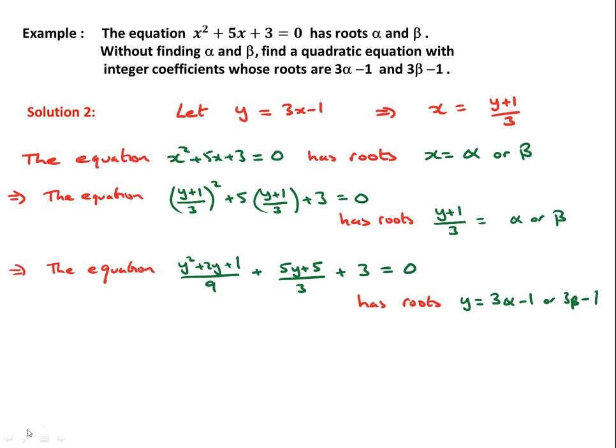Now the equation that we've got there is rather messy at the moment, but it can be tidied up by multiplying through by 9. If I multiply through by 9, I'm going to get y squared plus 2y plus 1 plus 9 over 3 times (5y plus 5), which gives me 15y plus 15, plus 9 times 3, which is 27, must equal 9 times 0, which is 0.